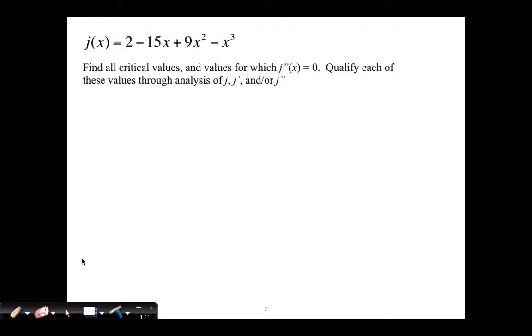And then we'll think about what type, if any, of interesting point these are: if it's a maximum, a minimum, neither, an inflection point, or just some really flat spot. And if you want to rearrange the terms, feel free.